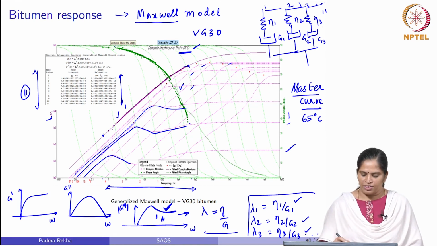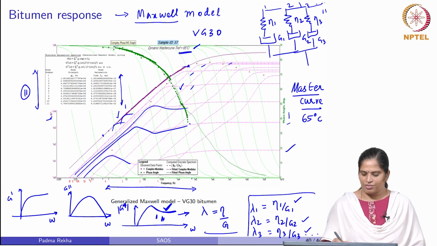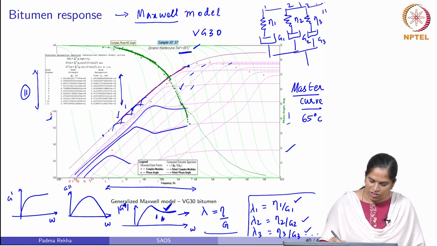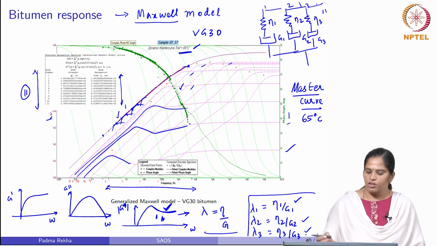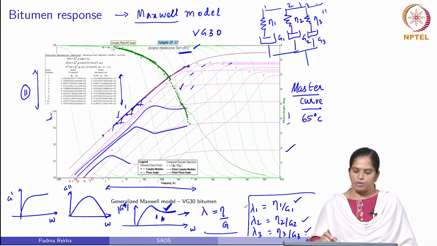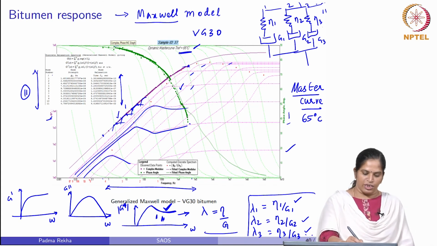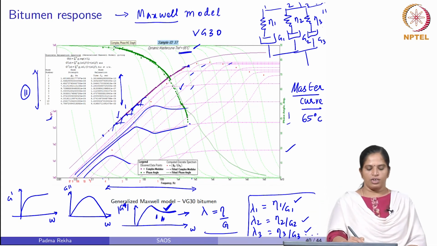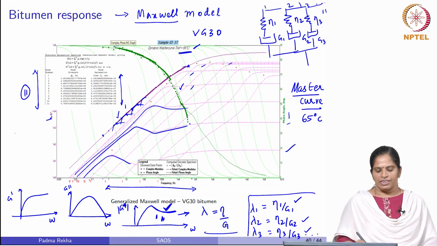So, this is a range of frequency which is predicted for a specific relaxation time. It was combined together to predict the response of a bitumen. Now, these relaxation numbers or the relaxation modes depend upon the temperature we are interested in.